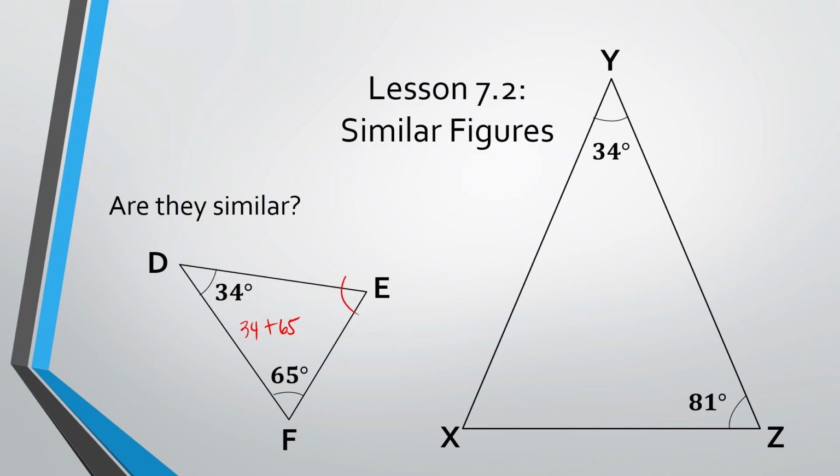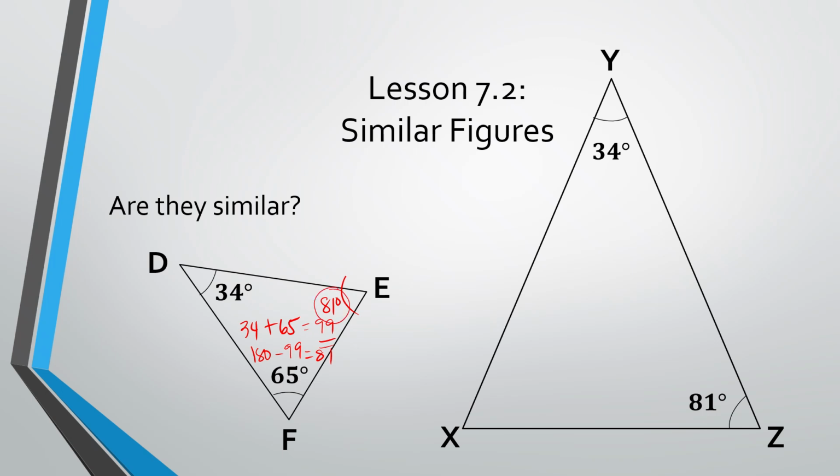If you add 34 and 65, we'll get 99. Now, from this sum, you have to subtract it from 180. So 180 minus 99 is equal to 81 degrees. So this angle is 81 degrees.